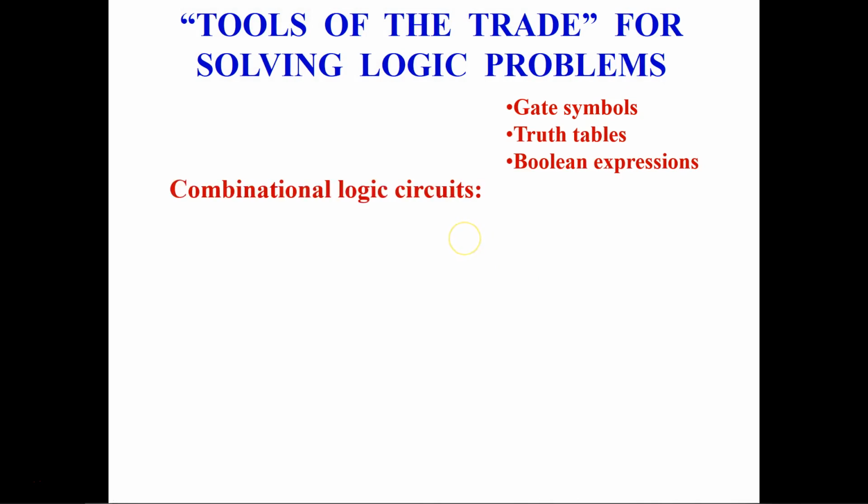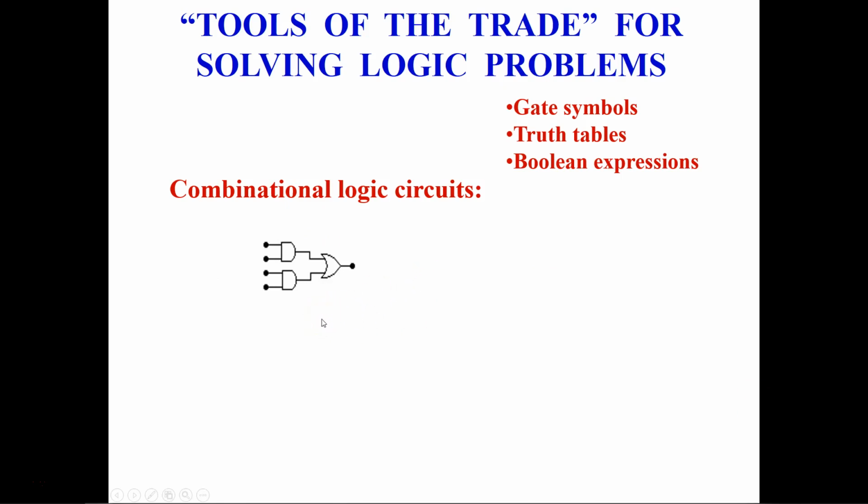Now let's first start with the tools of the trade for solving the logic problems. We're going to see some combinational logic circuits, the basic ones which we'll be using to solve the Boolean expression and then form the combinational logic circuits. Some of the basic logic gates are these.